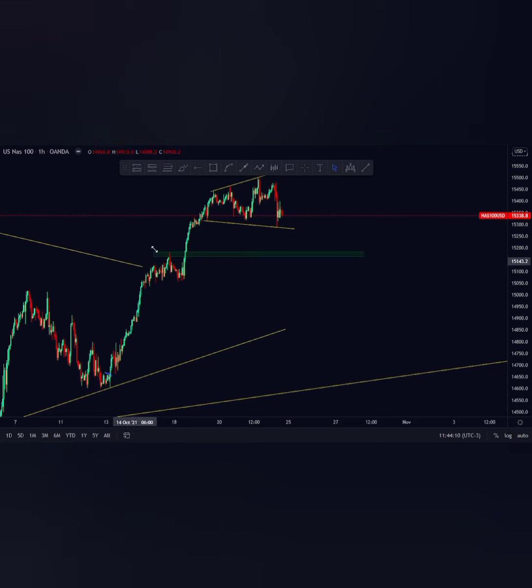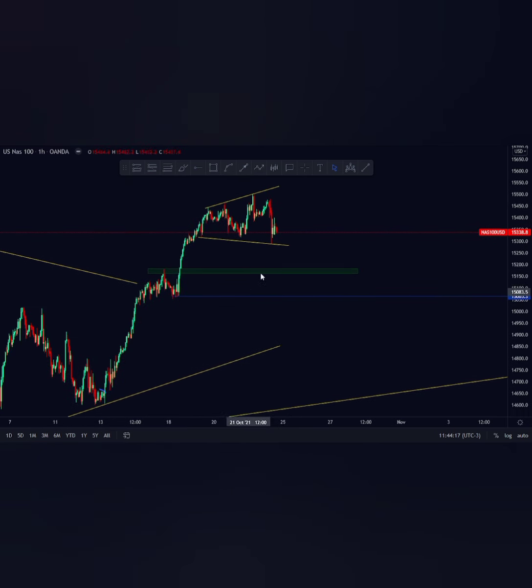Basically, this is a previous high. Because remember, I mark previous highs and previous lows. I mark this level and this one. So Nasdaq likes to shoot down, stop loss hunt, come back up, consolidate inside the pattern, then continue towards the direction. Usually, if a pattern is very far away from a level, that's how Nasdaq usually likes to do that. So in case it does that, let's make room for that.